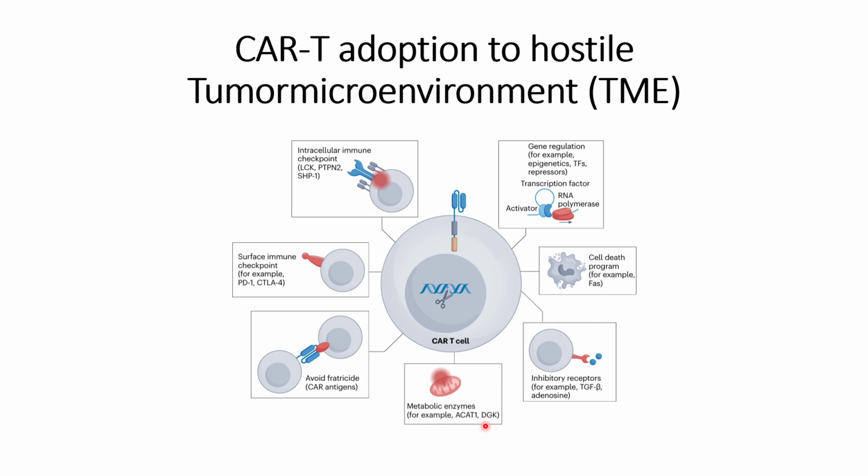Right now, one of the major concerns of CAR-Ts is that they are not able to target solid tumors with good efficacy. So by making these changes in the CAR-T cells, it will make them more suitable for solid tumors.